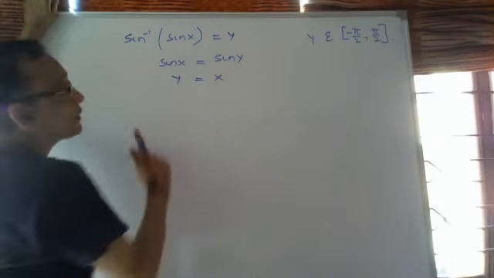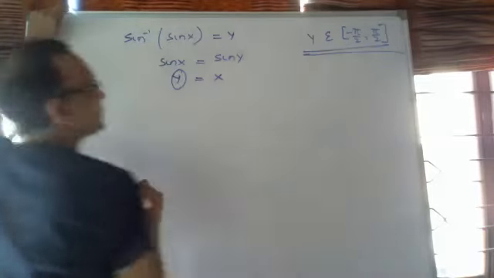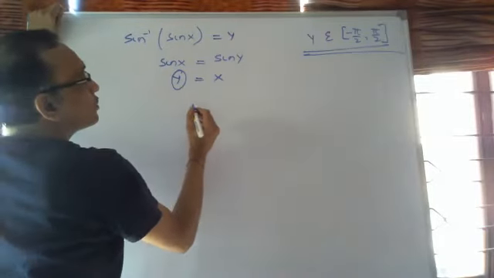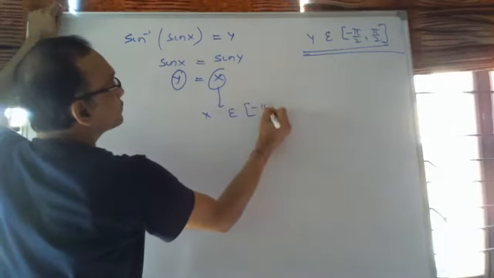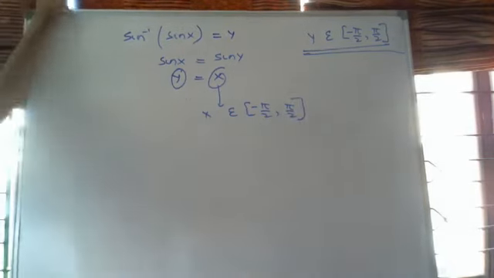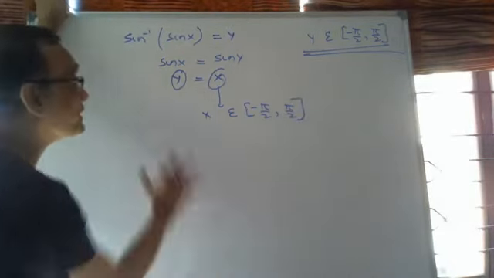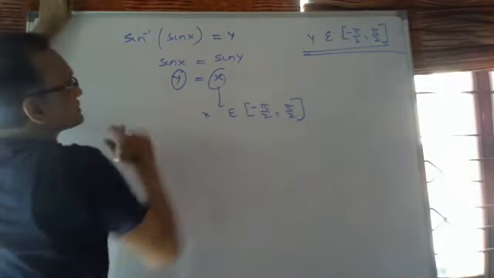Since y should lie in the interval -π/2 to +π/2, so x should lie in the interval -π/2 to +π/2. Yes or no? That means y will be equal to x.